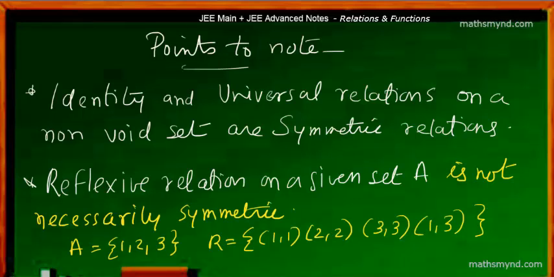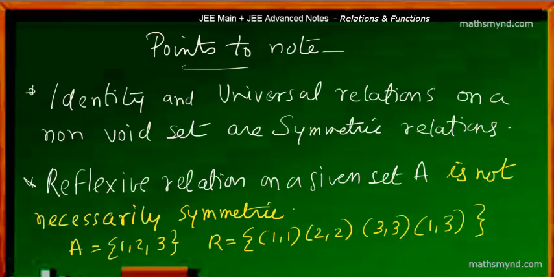Another interesting point is that a reflexive relation can be symmetric, but it is not necessarily symmetric. For example, take a set A having elements 1, 2, 3. The identity type of ordered pairs make it reflexive.